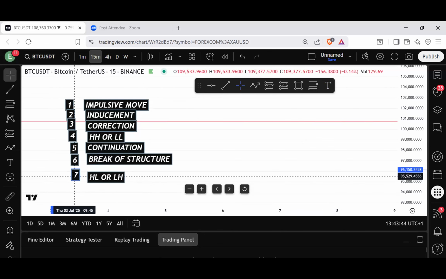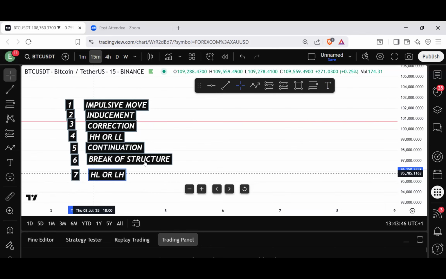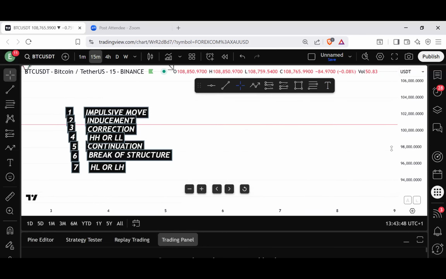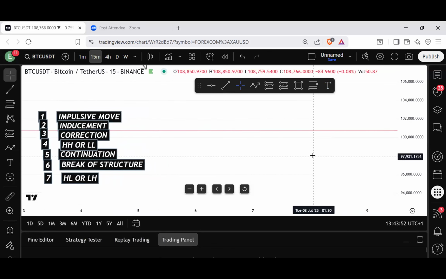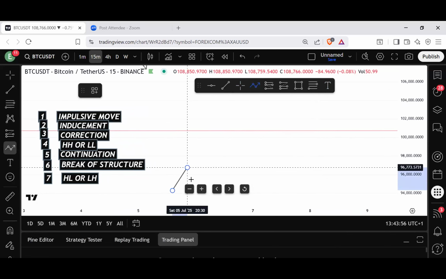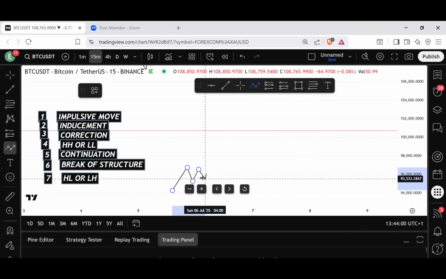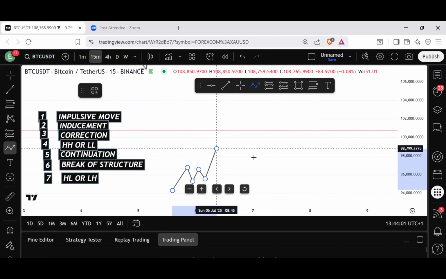So this is how we follow it. Once you understand, there will be no confusion. So the first thing is the impulse. This is the first step.